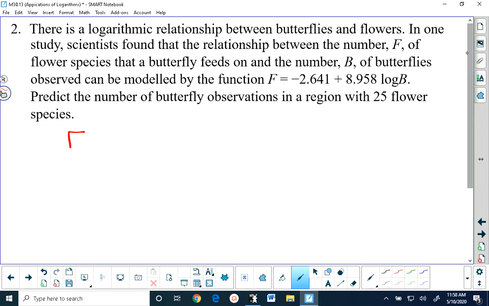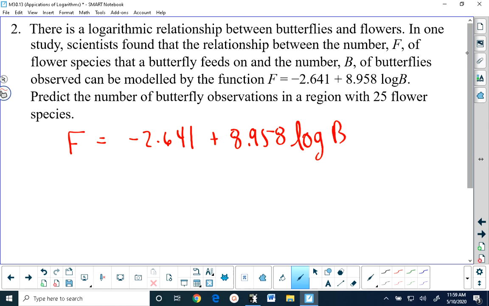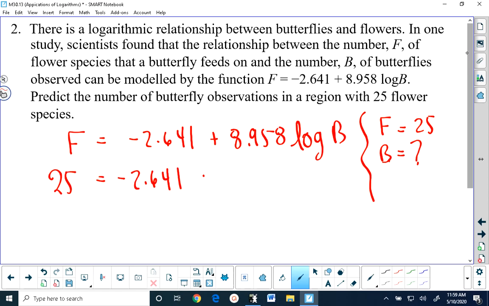The number of flower species is negative 2.641 plus 8.958 log of the number of butterflies observed. We want to determine that if the number of flower species is 25, how many butterflies would you expect to observe? We're simply going to put the number 25 in for F and solve this equation.